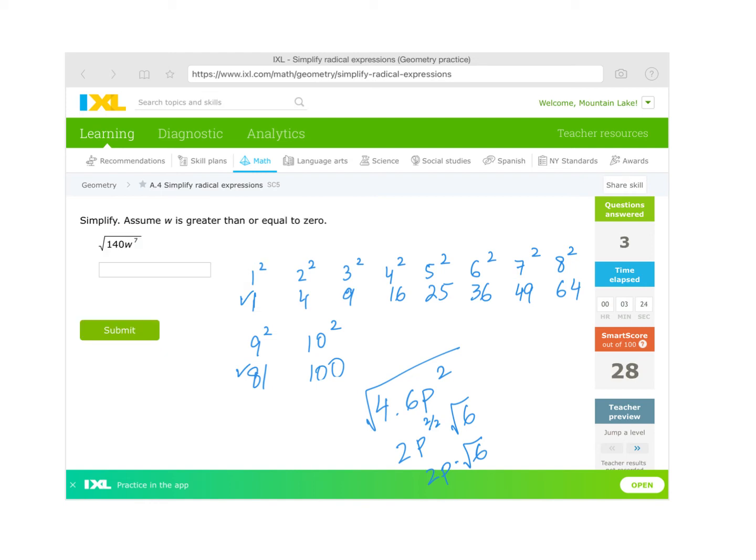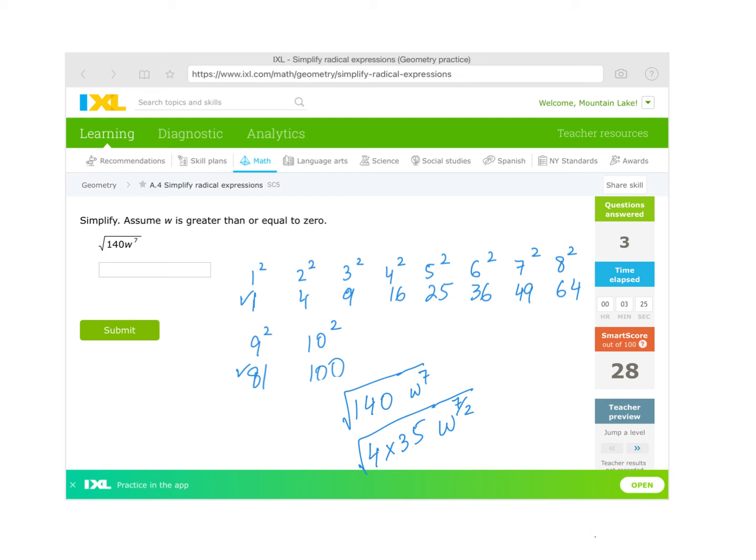What about something like with the 7, which doesn't work with the square root, or it's not an even number? So 140 can be written as 2 times 70, 4 times 35. Let's write it that way. And w exponent 7 can be written as w to the 7 over 2. 7 over 2 becomes 3.5.